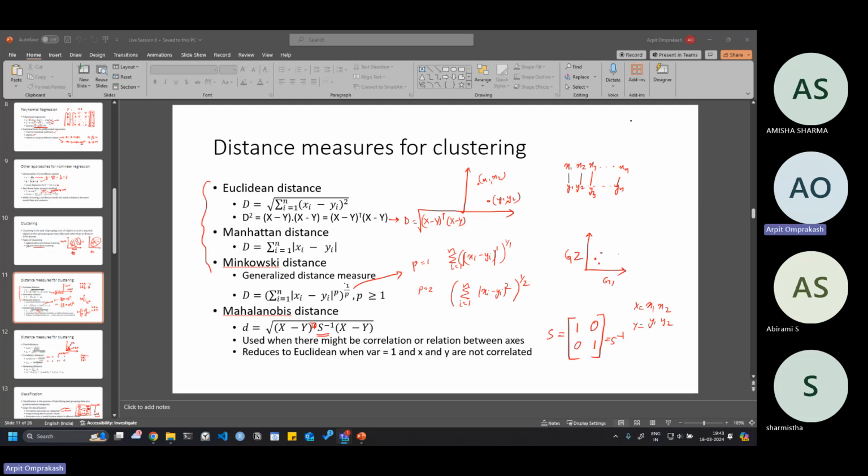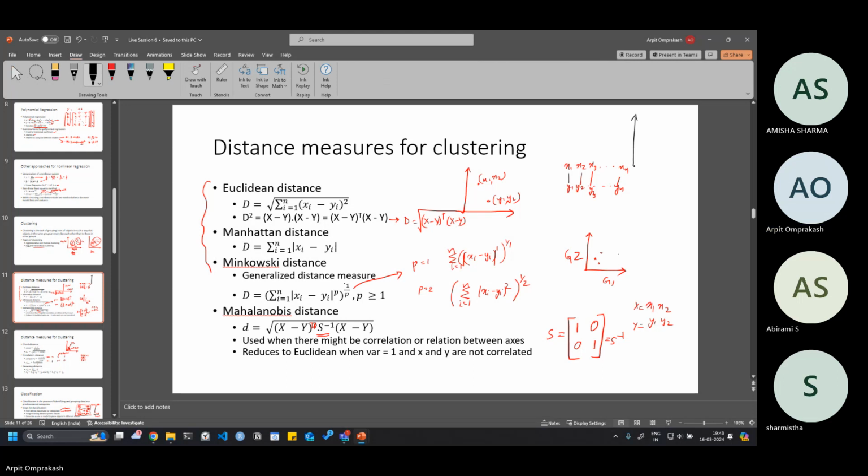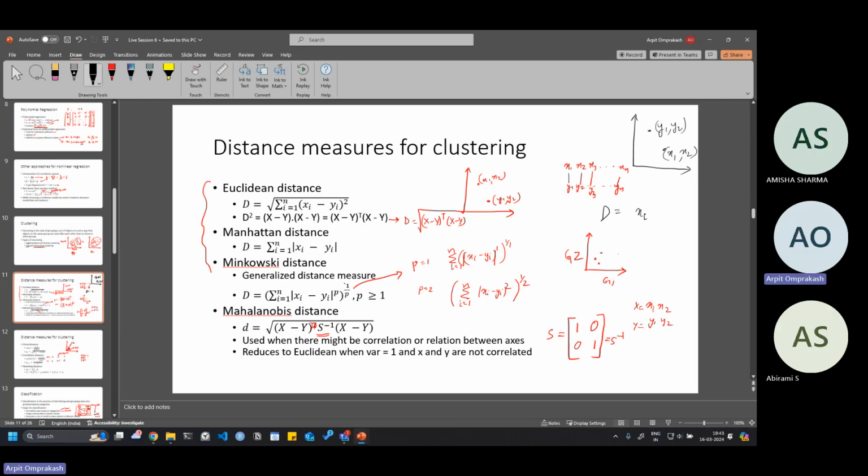So basically, let's say you have 2 points, X1, X2 and Y1, Y2. The Euclidean distance between these 2 points is defined as the square root of the summation of (xi minus yi) whole square.